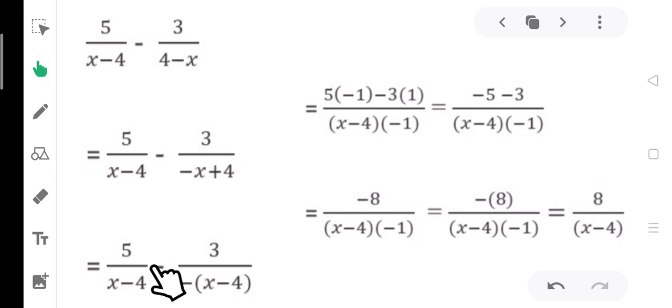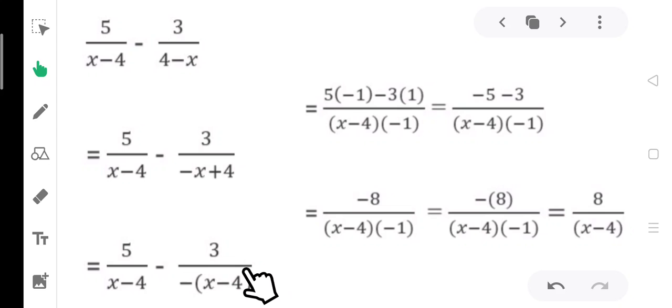Then for negative x plus 4, we have the common monomial factor of negative 1. For the other factor, negative x divided by negative 1 is positive x, and positive 4 divided by negative 1 is negative 4. So the factors of negative x plus 4 are negative 1 and the quantity x minus 4.